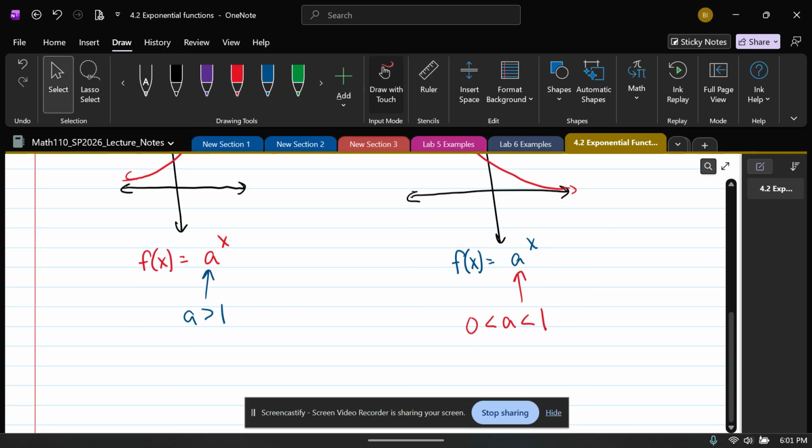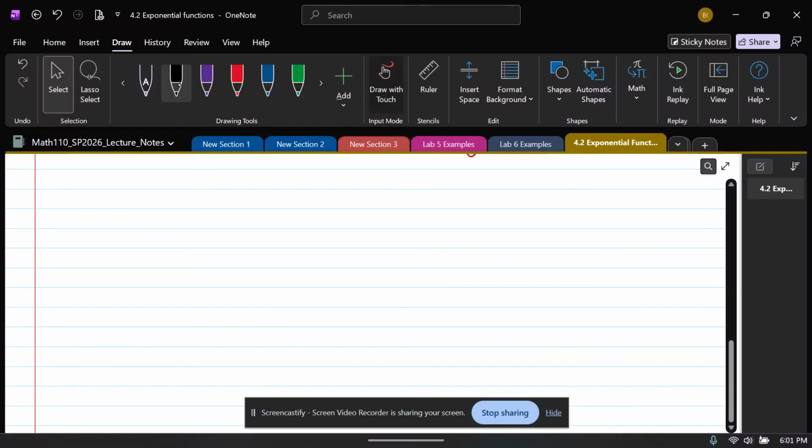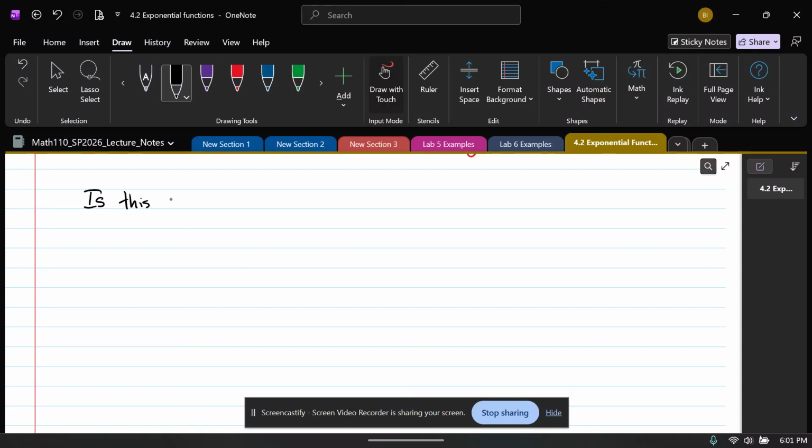Okay. So let's look at some examples of functions and decide, is this exponential growth or decay?